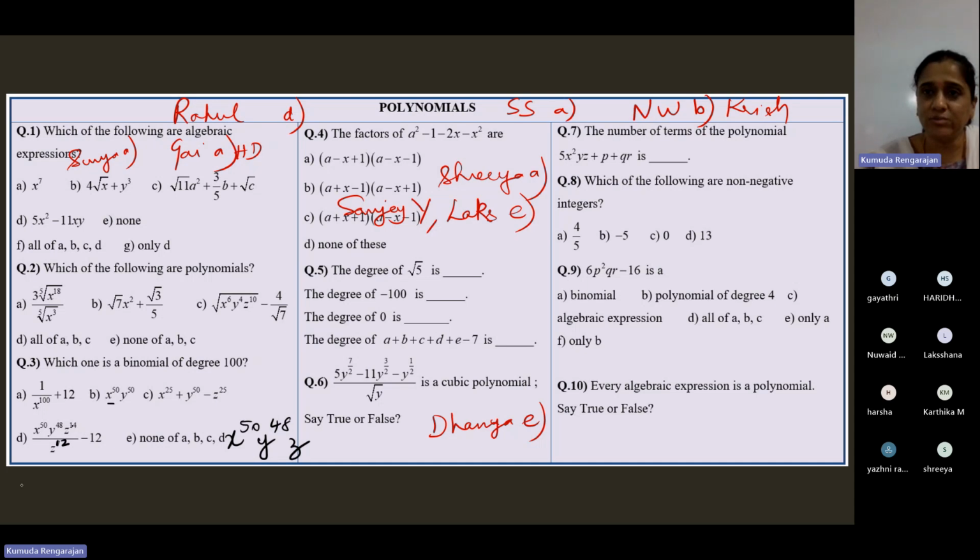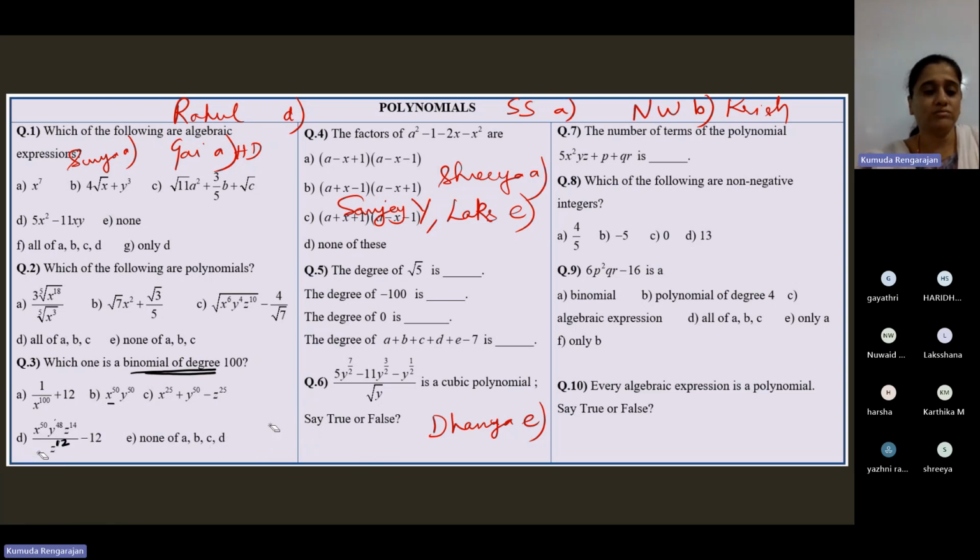We are applying the law of exponents. When bases are the same and it's division, subtract the powers. 14 minus 12 is 2. Now this is a binomial. And what's the degree? 50 plus 48, 98, 98 plus 2, 100. If it was 12, then it satisfies these conditions.